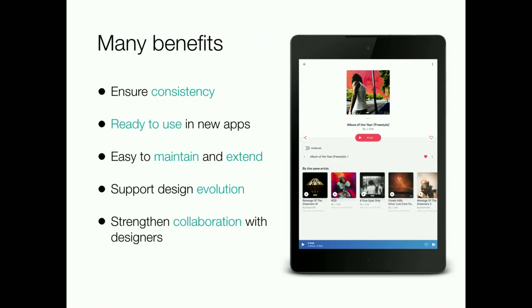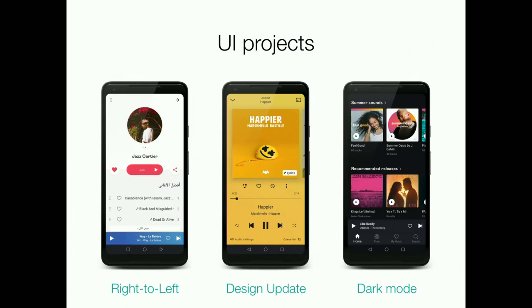Okay. And so I want to give you a few examples of major UI projects, so user interface updates we had recently. Last year we made sure to support right to left languages on our main application on every screen.